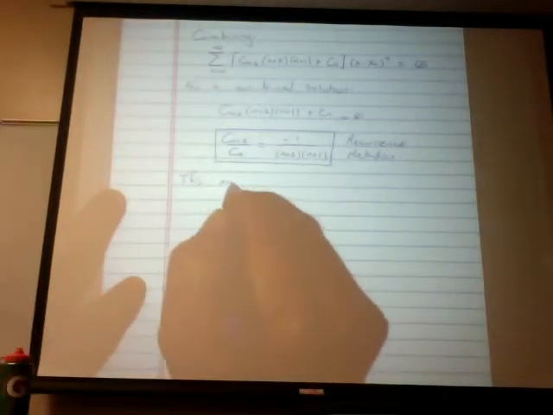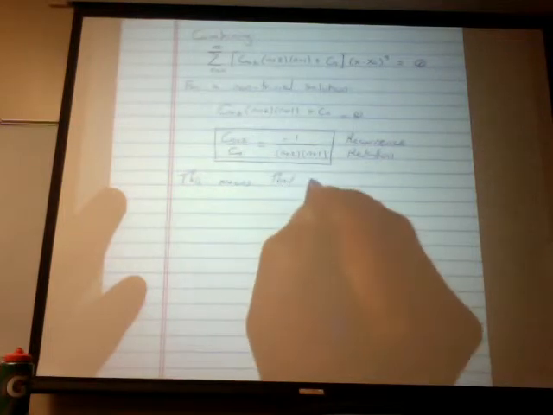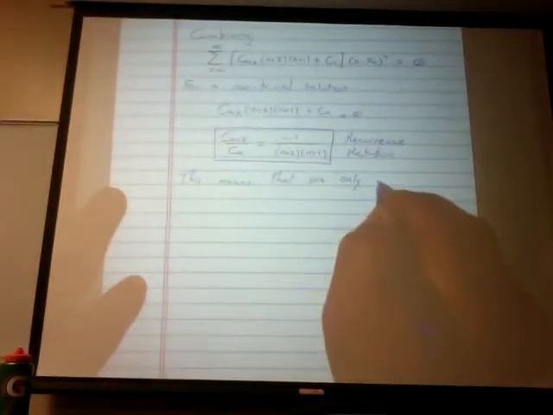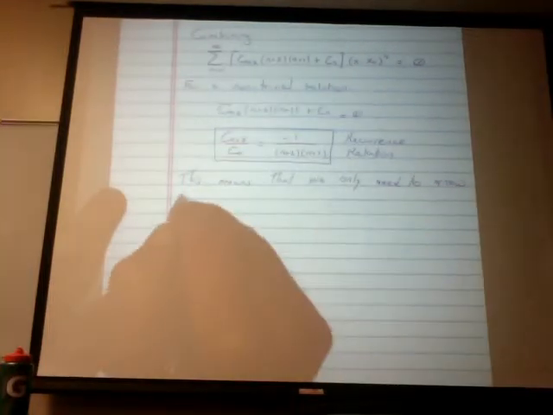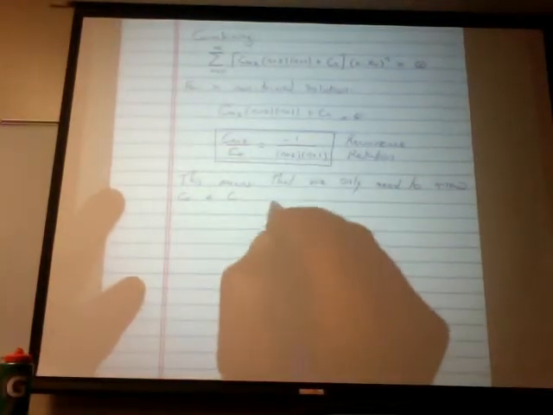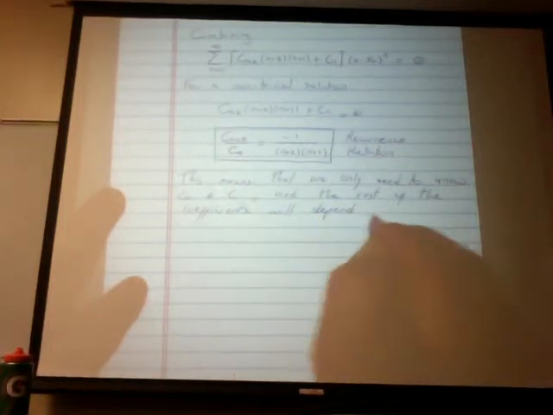Okay? So this means that we only need to know C0 and C1, and the rest of the coefficients will depend on these 2.